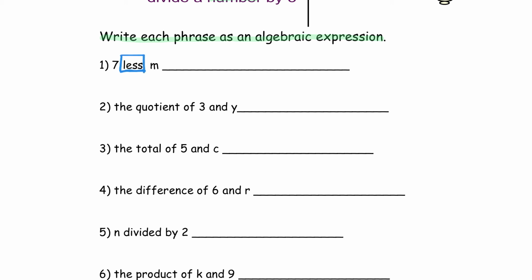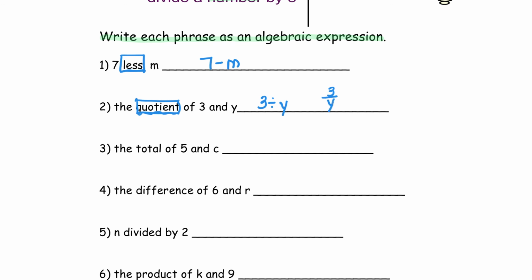Okay, your keyword is less, so it's 7 minus m. Number 2, the quotient. So if it's quotient, quotient tells me that I'm going to be doing what operation? Division. So the quotient of 3 and y would look like this. 3 divided by y, or the 7th grade way to do it, 3 over y.